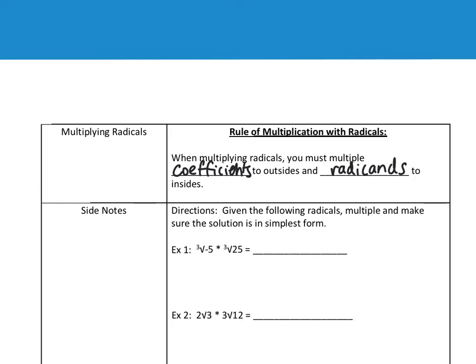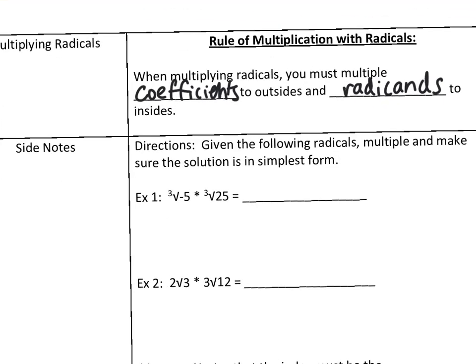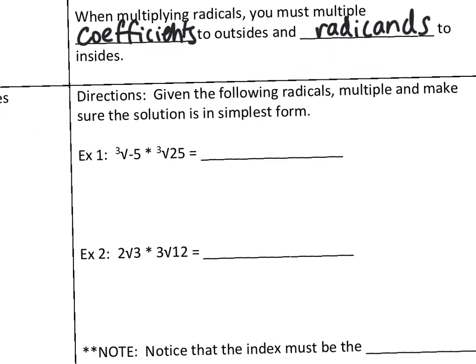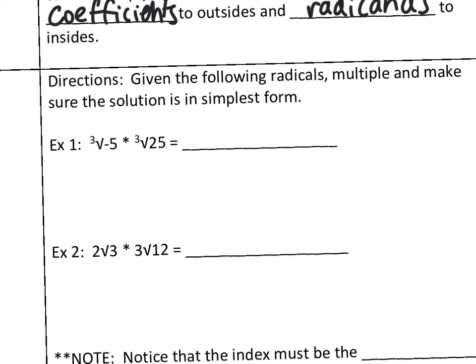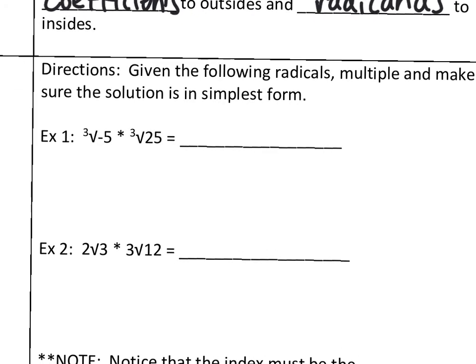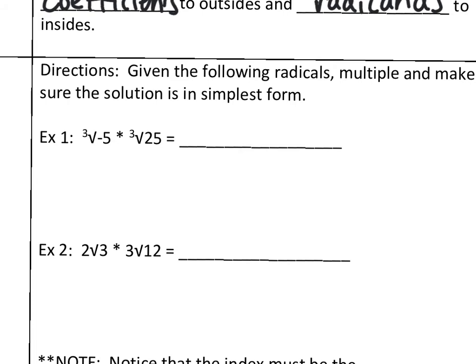Looking at this first one, it says, given the following radicals, multiply and make sure that the solution is in simplest form. How we're going to do this: we've got 1 cubed root of negative 5 times 1 cubed root of 25, correct?